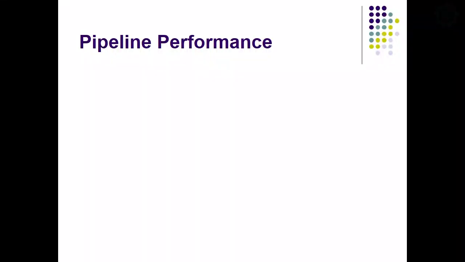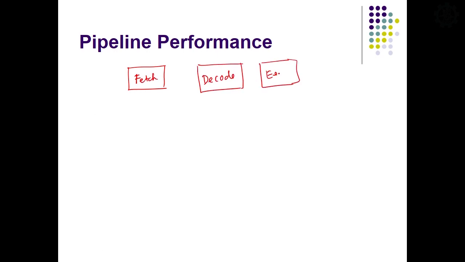So, here we go. Let us say tau is the time for each stage to complete. We said we have 4 stages. This is fetch, then we have decode.